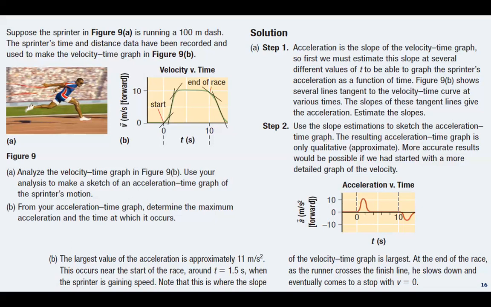Estimate the slopes, then use the slope estimations to sketch the acceleration time graph. The resulting acceleration time graph is only qualitative here, not that accurate, okay? More accurate results would be possible if we had started with a more detailed graph of the velocity. So far, we can only have an approximate acceleration time graph like this, shown here on the graph on the bottom right.